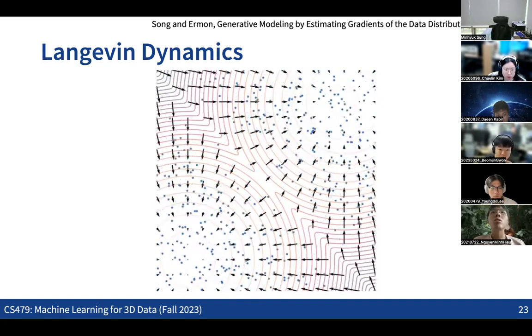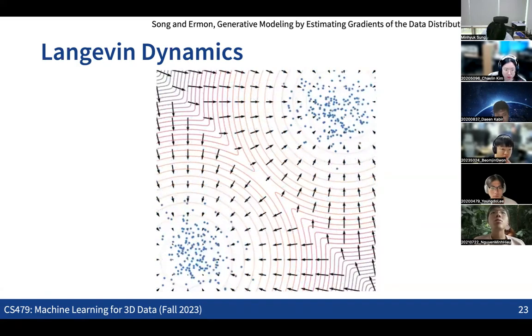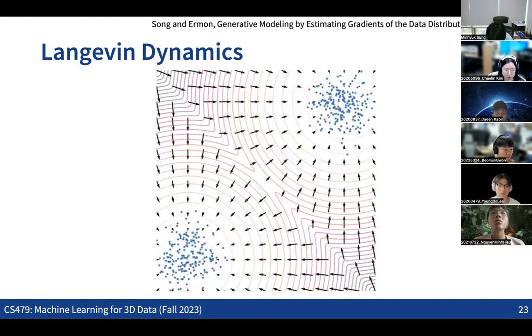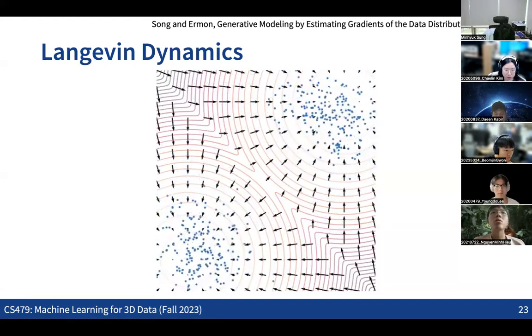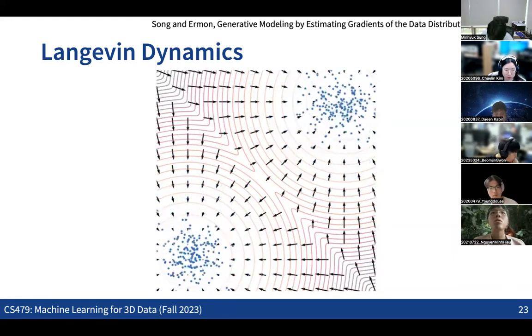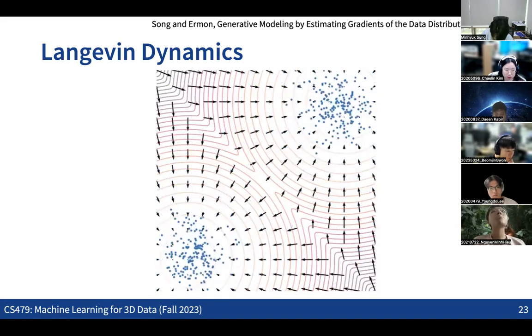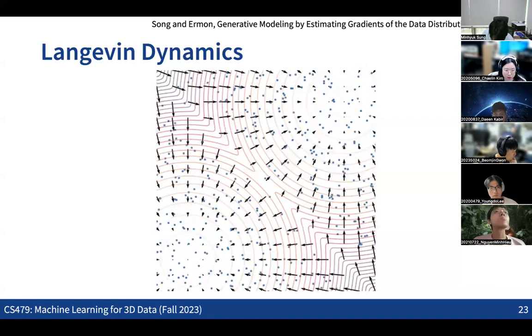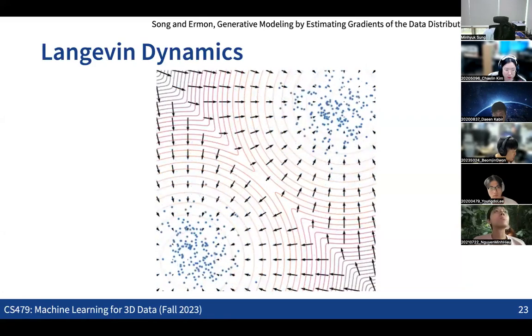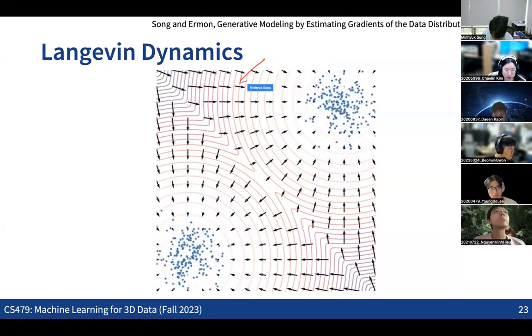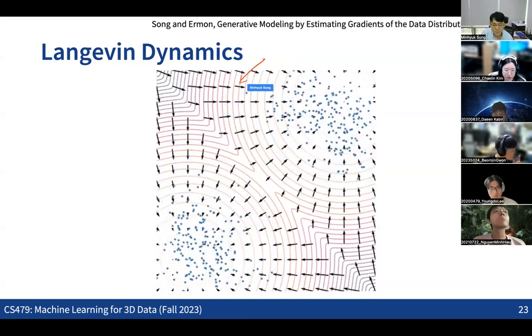The red lines indicate the data distribution that we want to learn, and the black arrows show the score information for each point, indicating where to move each data point. So these arrows are the score information.